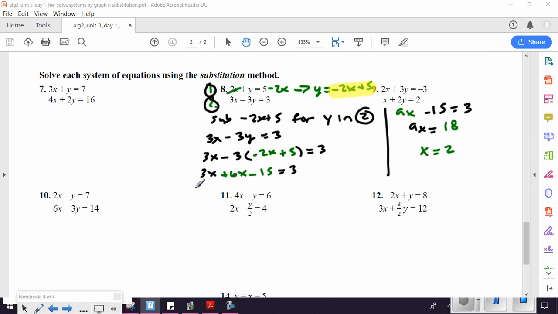Now that you know what x is, you take x back into the revised equation 1. So y was equal to negative 2x plus 5. Now that I know what x is, I can find y.